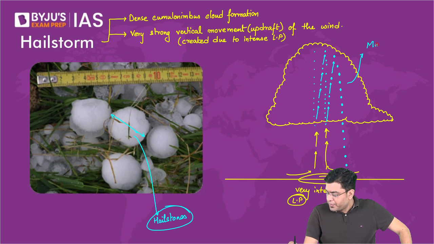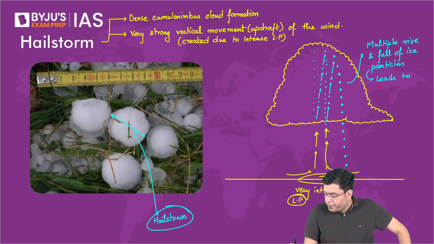Multiple rise and fall of ice particles leads to refreezing, and that ends up creating larger sized particles.